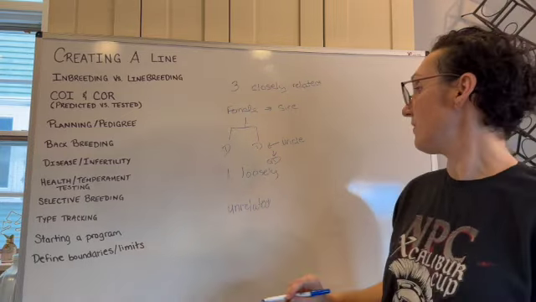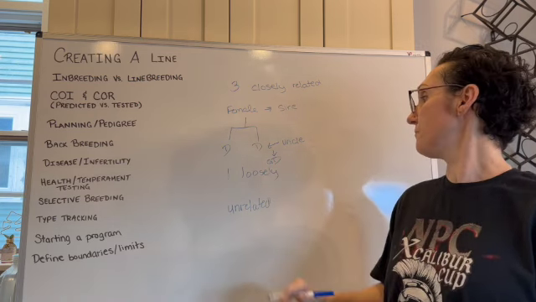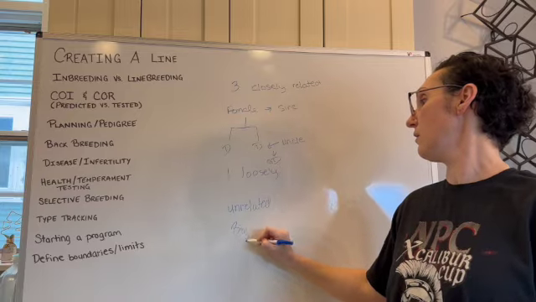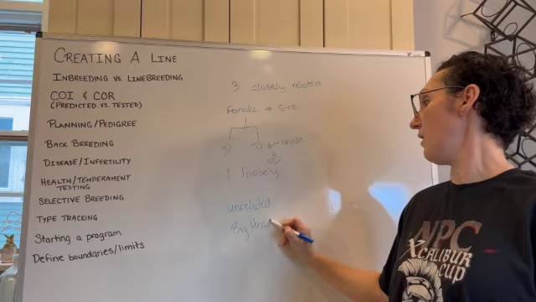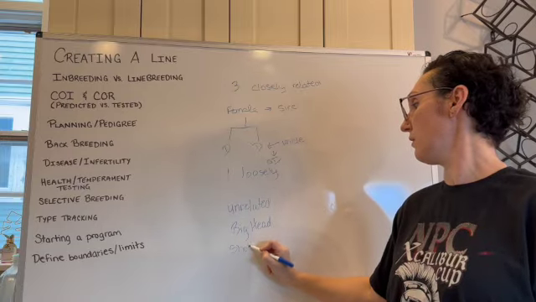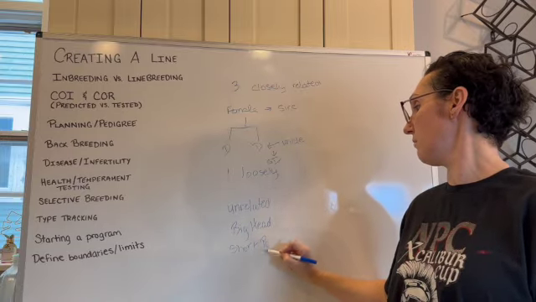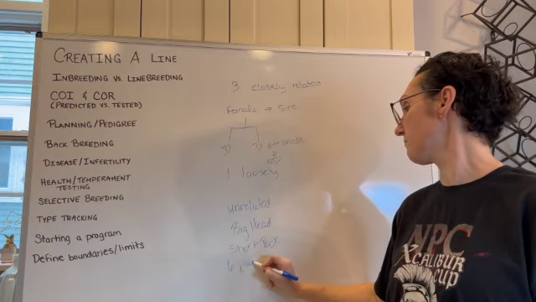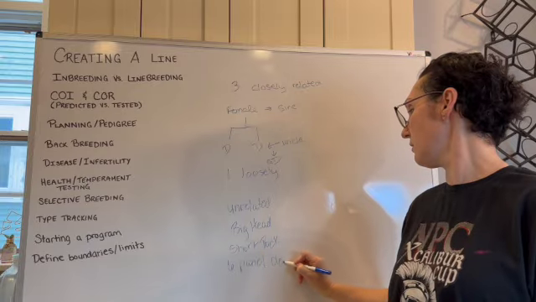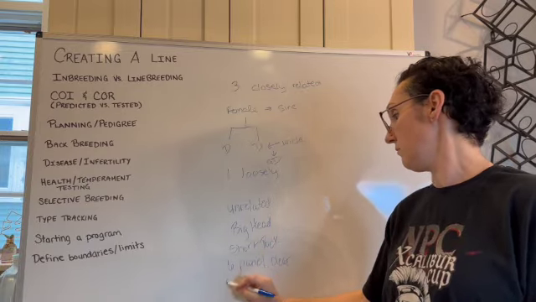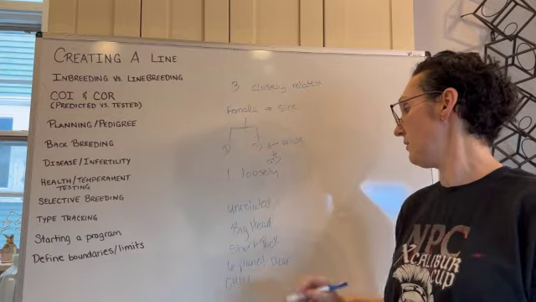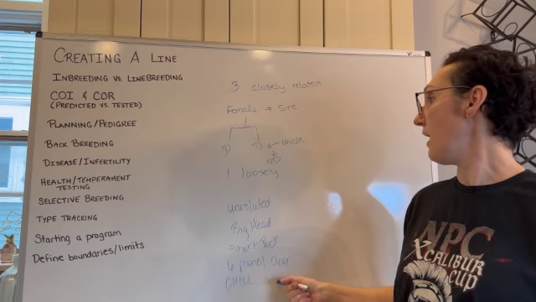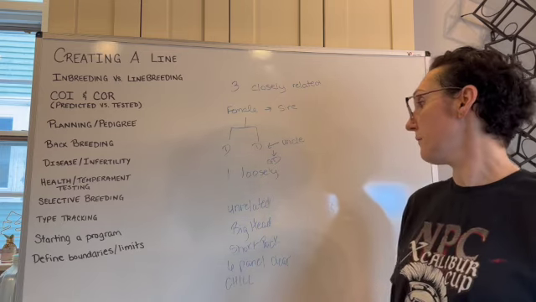So if that is big head, short back, six-panel clear, and chill temperament, your unrelated dog should complement everything that you're already doing.